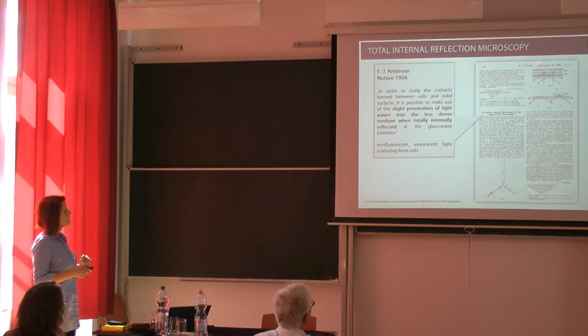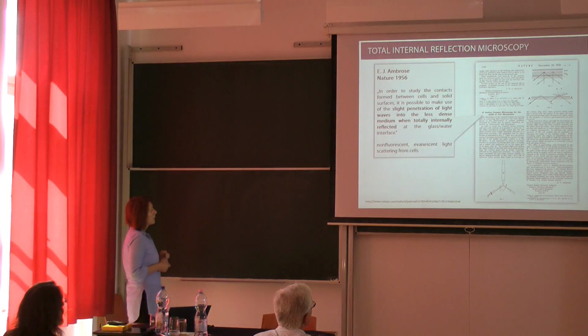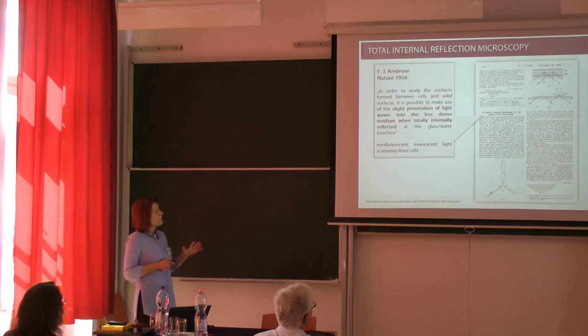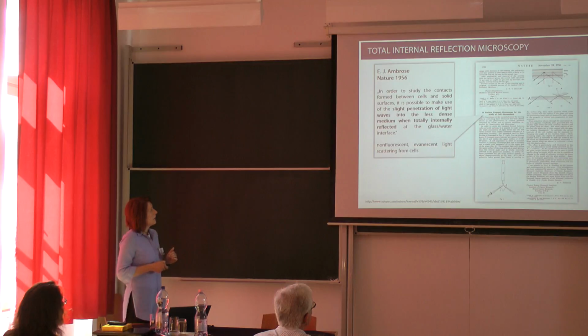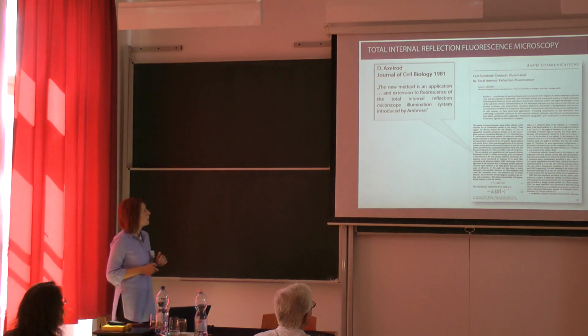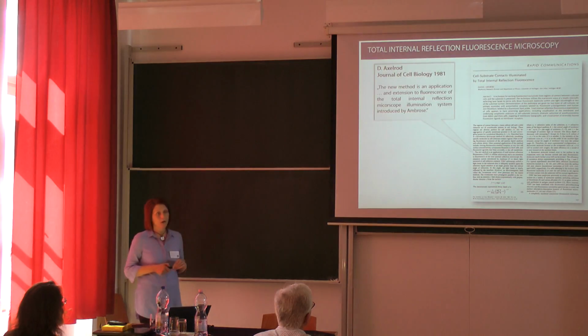You can see schematically the principles are shown here, and we use this technique to visualize cellular regions which are close to the glass surface. The technique was combined almost 20 years later by Daniel Axelrod with fluorescence microscopy.